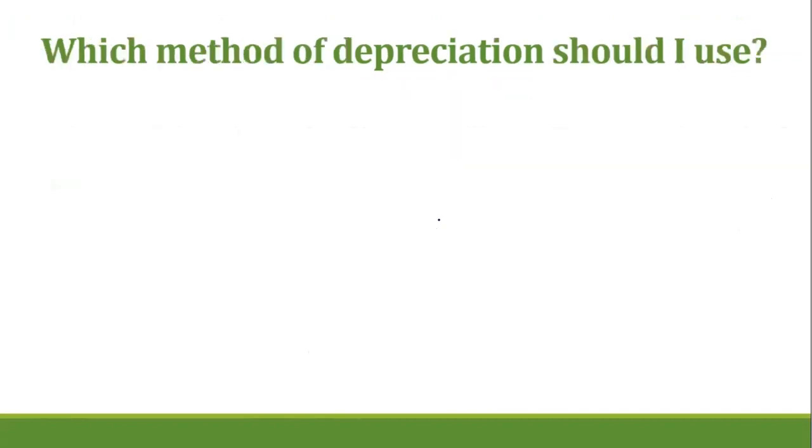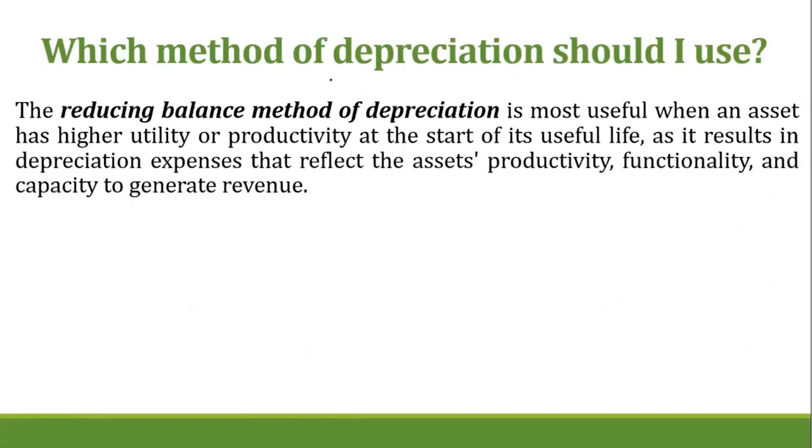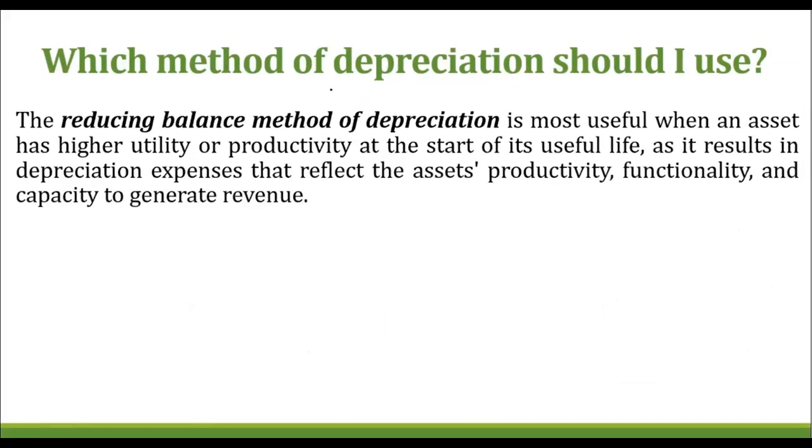So, which method of depreciation should I use? The reducing balance method of depreciation is most useful when an asset has higher utility or productivity at the start of its useful life, as it results in depreciation expenses that reflect the asset's productivity, functionality, and capacity to generate revenue.